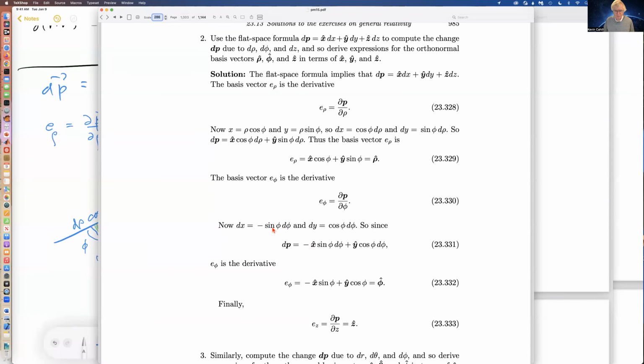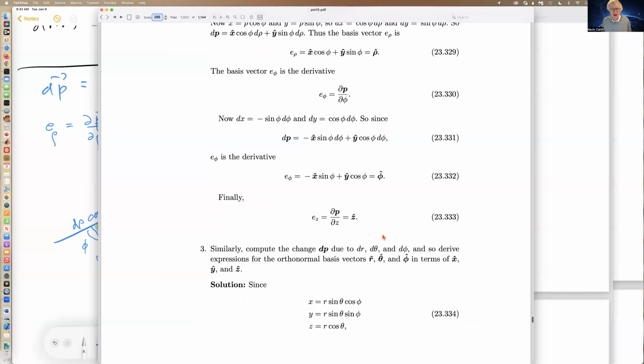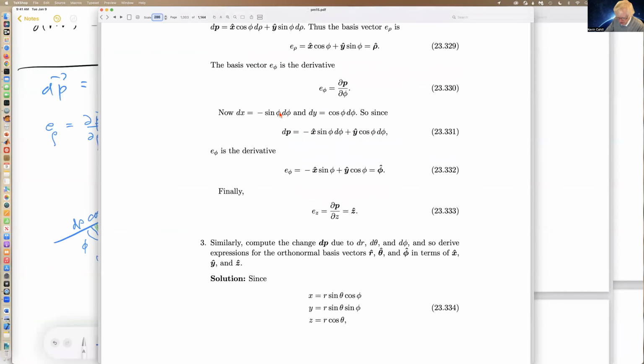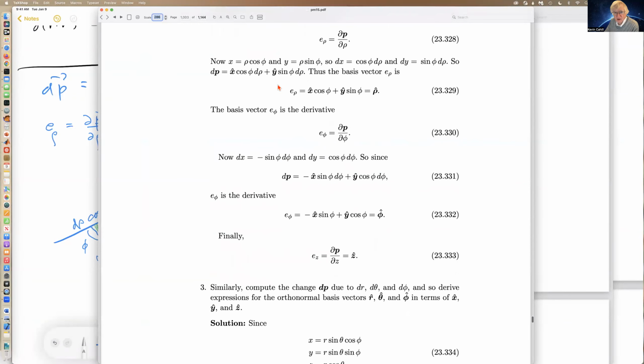And so the change in the point is, actually, I'm a little puzzled here. Right. Actually, that's curious.